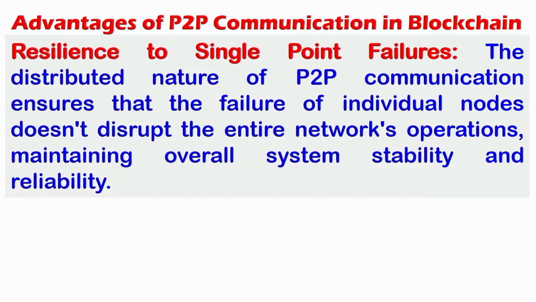Okay, let's talk about why peer-to-peer communication in blockchain is so resilient. P2P's distributed setup means if one node fails, it does not bring down the entire network. This keeps the system stable and reliable, even if nodes face issues. Okay?